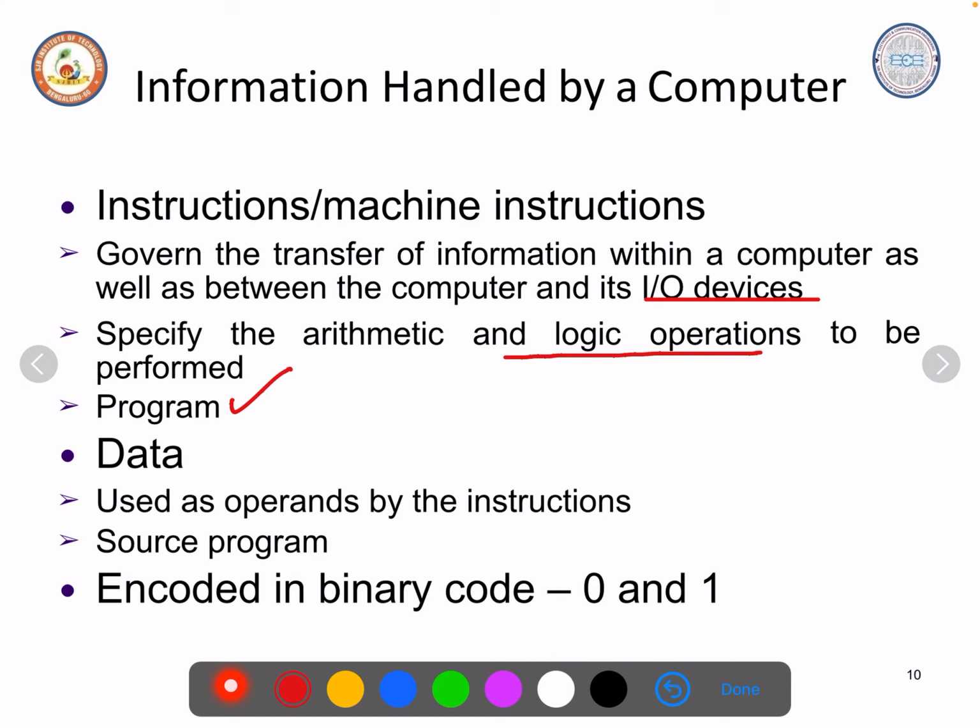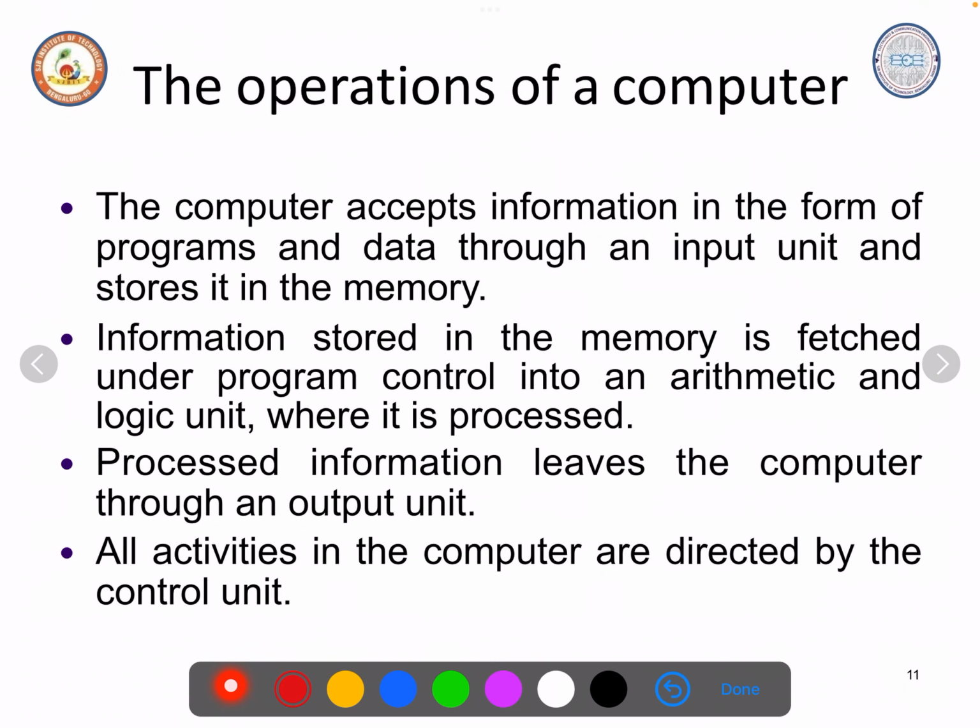We have different kinds, which we will see further in another chapter. Information must be encoded in a suitable format. It is encoded in a binary code, the binary digit or bit, in the form of zeros and ones.